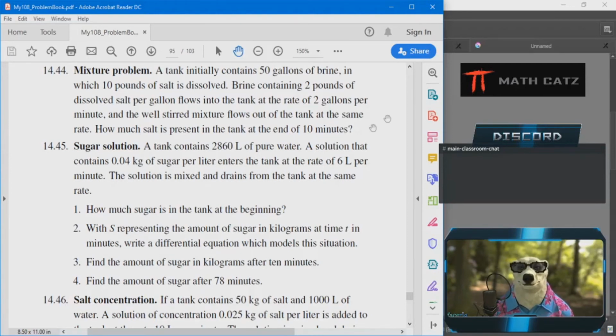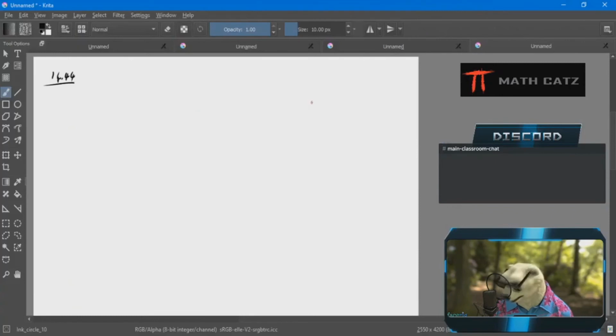Well, let's set up the situation. I really like a picture in this case. It just gives me time to get on top of what's happening here. Stuff's coming in, stuff's going out. Okay, I have a mixture problem.